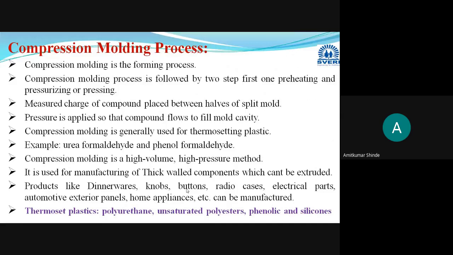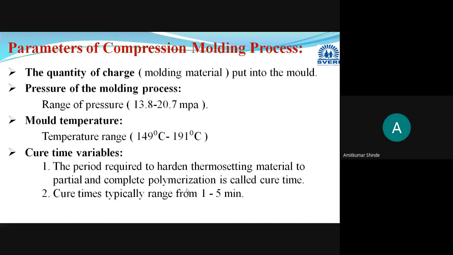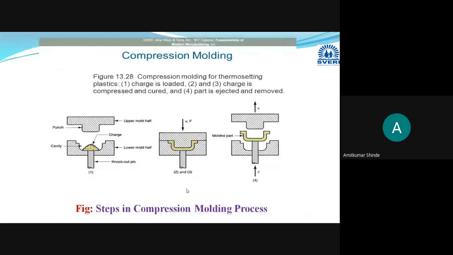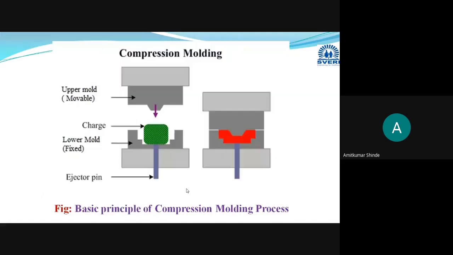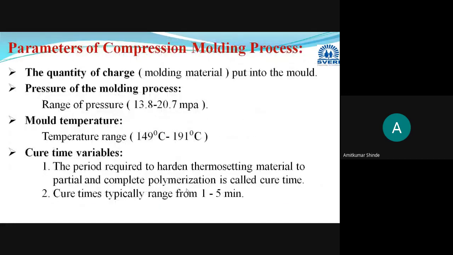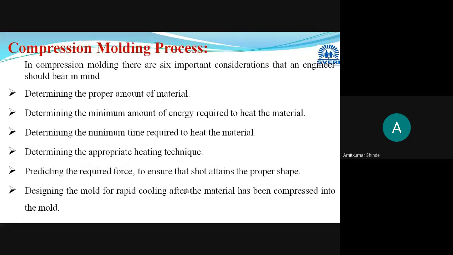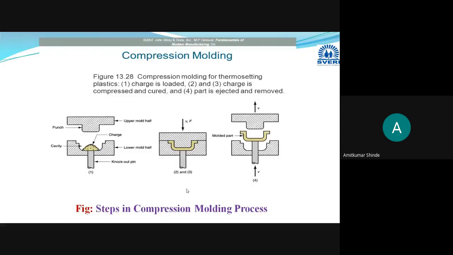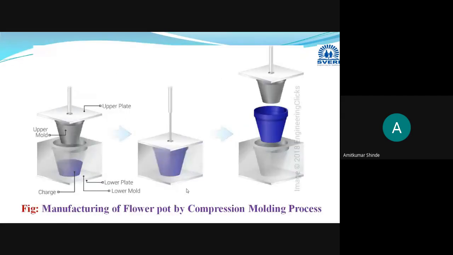It is one type of forming process. It consists of different stages, which I have explained, and after this, I explained the different parameters that you have to take into consideration while performing the compression molding process. Then one practical example of how the actual manufacturing will occur.